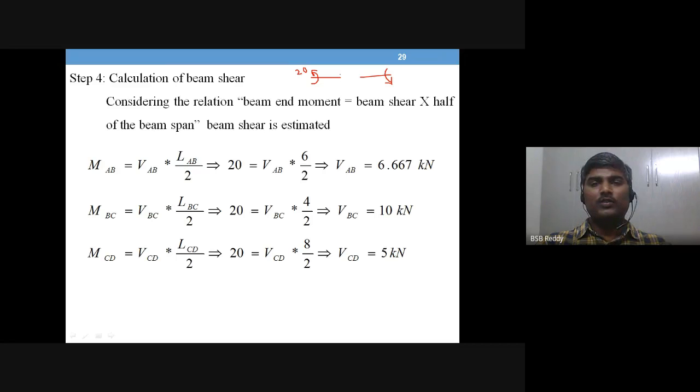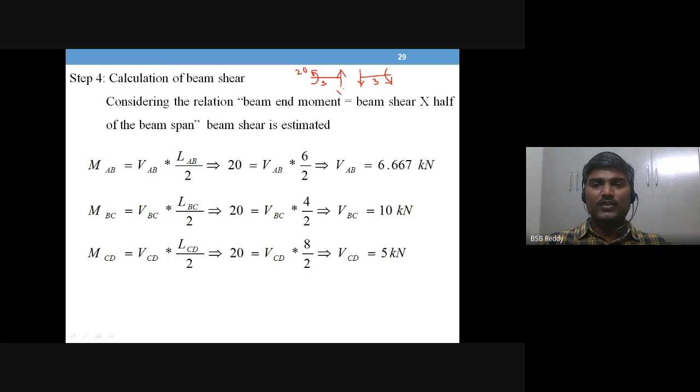This should be the shear on this part, and this should be the shear on this part, because the anti-clockwise direction is due to this shear force. This is half of the span. For example, if span AB is 6 meters, half of that is 3 meters, so this is 3 meters and this is also 3 meters.